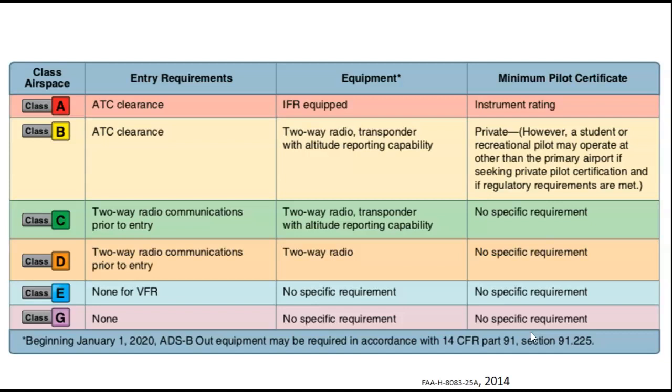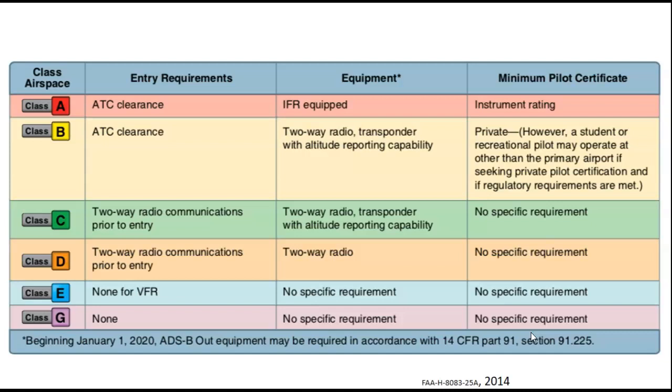You need a two-way radio, of course, and a transponder with altitude reporting capability. And there really isn't a specific requirement in Class Charlie airspace for minimum pilot qualifications. So you can be a student pilot, a private pilot, or a recreational pilot to enter Class Charlie.